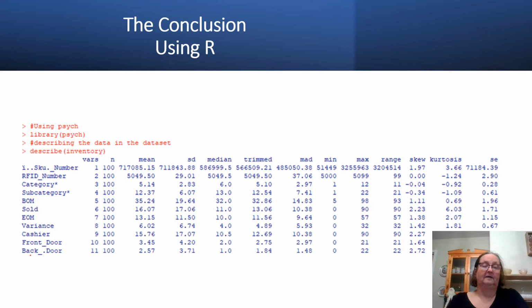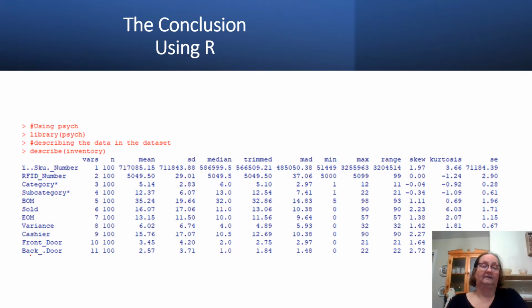If you look at the mean under BOM, which is the beginning of the month, you see that the mean for that month was 35.24. So there was an average of 35.24 of product from each subcategory.